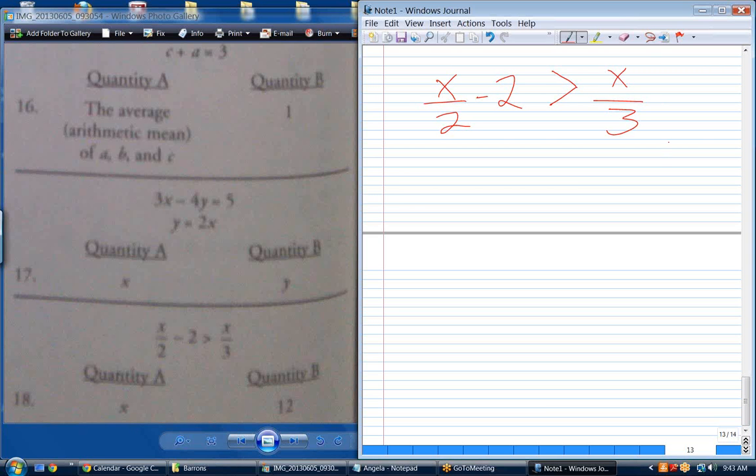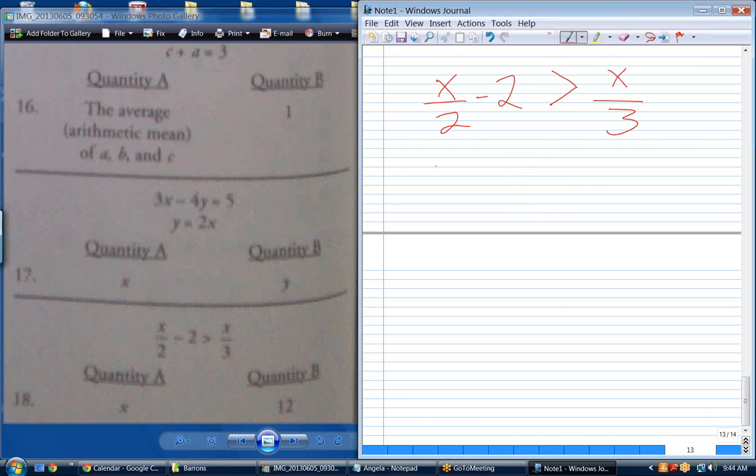So let's just solve this inequality. You want to be able to solve that inequality anyway. What's a good step for solving equations or inequalities when you have fractions involved? Get rid of the fractions. Okay. What single thing can I do as a first step to get rid of all the denominators?